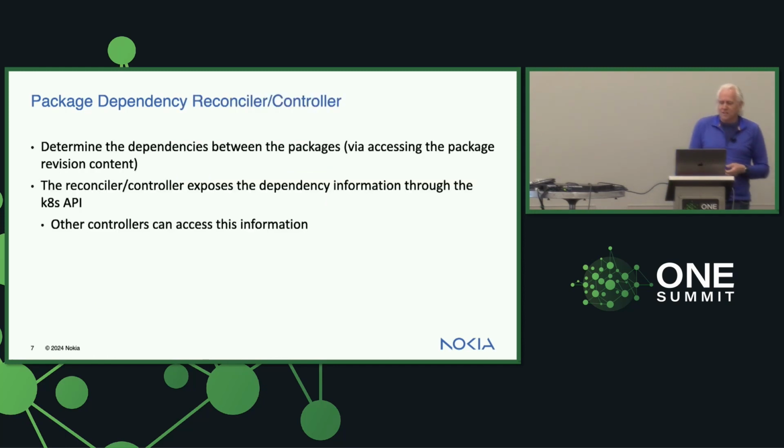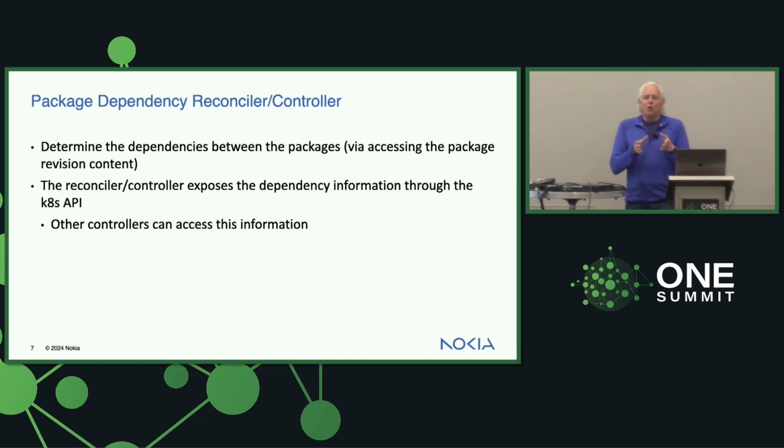And so the first controller that we built looks at all the packages that you have. Think about all the catalog of blueprints which was shown in the demo of Google. You have a bunch of blueprint packages, and let's say I have a controller through the Porch APIs that can look at all the content and figure out what is the content of each of these packages, and if I have CRDs or extensions, and other packages that are depending on them, I can build a dependency tree from each package to another.